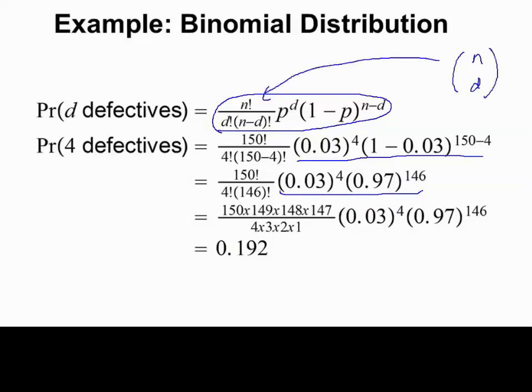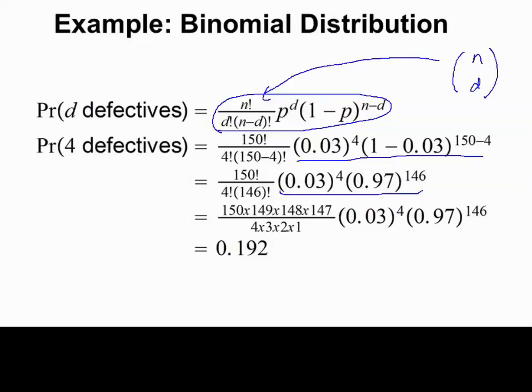N choose d equals this thing here. So it's n factorial over d factorial in the bottom, and n minus d factorial, also in the bottom. And hopefully you remember factorial, so this would be 150 times 149 times 148, all the way down to 1. So this is rather cumbersome to compute.